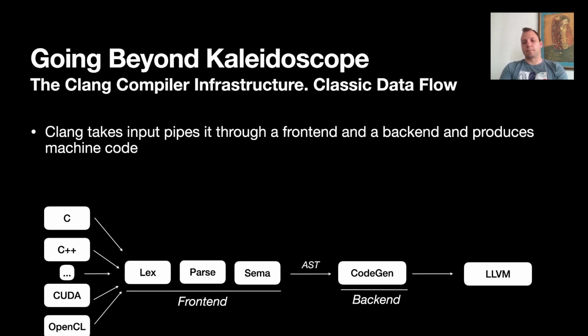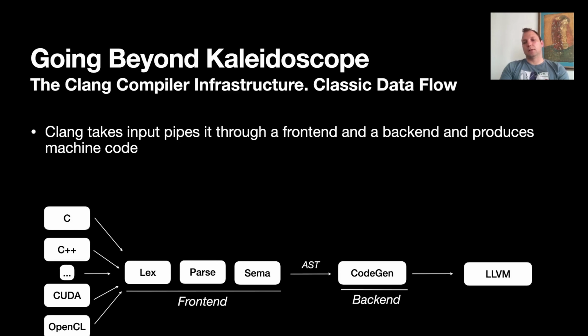Once the front end is done, it produces an AST, an abstract syntax tree, which you probably learned about in the previous parts of the tutorials. But now we will have to unlearn it in the context of Clang, because the AST for Clang is neither abstract, nor syntax, nor a tree. It's a very concrete semantic directed acyclic graph. But for common terminology it's called AST, and we're going to use AST here when we mean that.